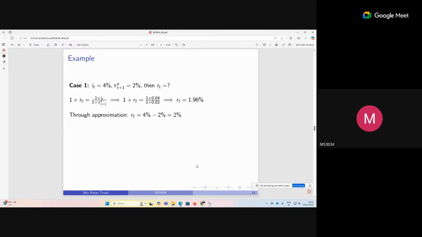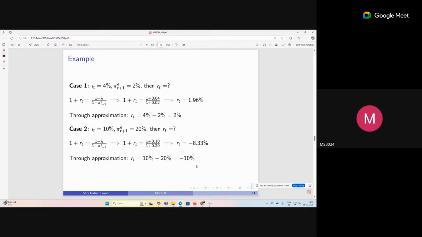We use the exact formula and the approximation. Through the exact formula we get a real interest rate of 1.96%, and through the approximation we get 2%. These two values are very close, there is not much difference. But if we do the calculation for higher values, say the interest rate is 10% and inflation is 20%, then what happens?